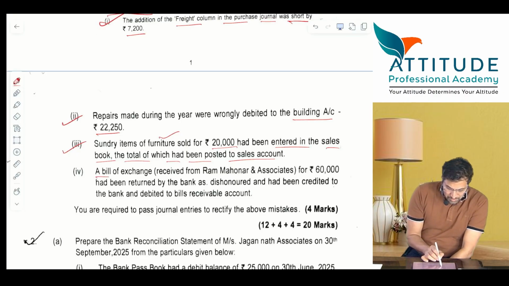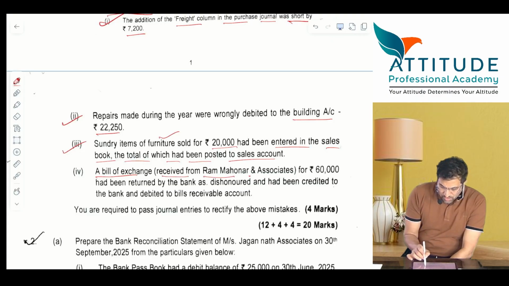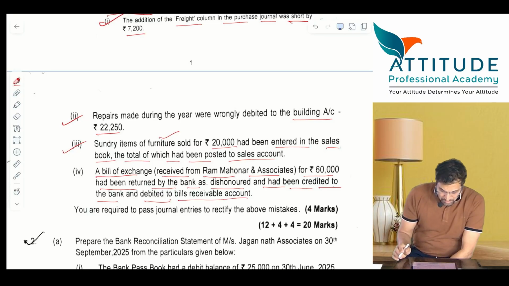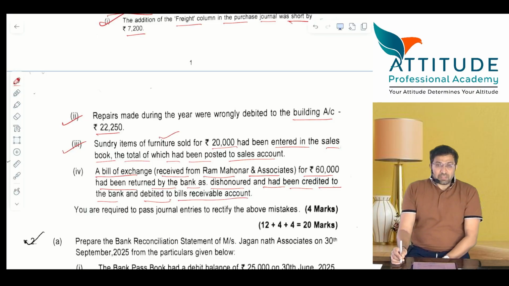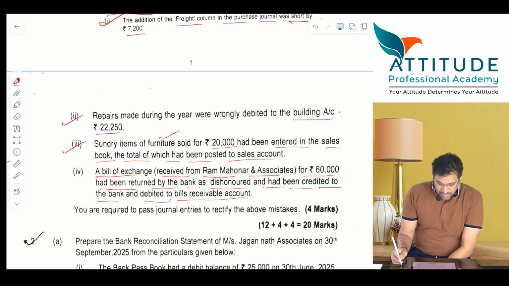You tell me, a bill of exchange received from Ram Manohar and Associates for rupees 60,000 had been returned back by the bank as dishonored and has been credited to bank and debited to bills receivable. You have to be careful here.